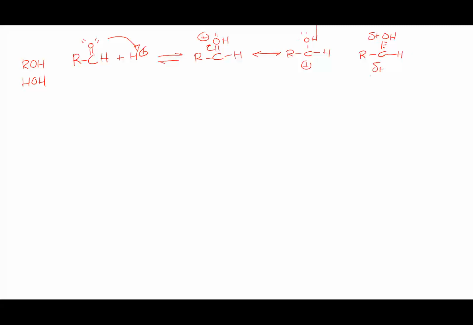And so now I've made this carbon more electron poor, which is going to make it more attractive for the water to now come in and add to, or the alcohol. So by adding H plus to this, I've made the carbon more electrophilic. And it's kind of strange because I'm adding it to the oxygen, but I'm increasing the delta plus charge on the carbon.